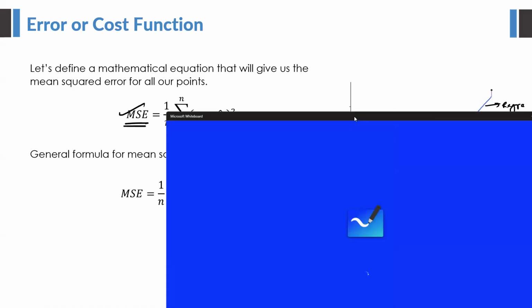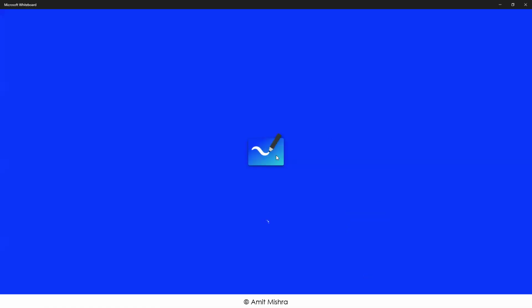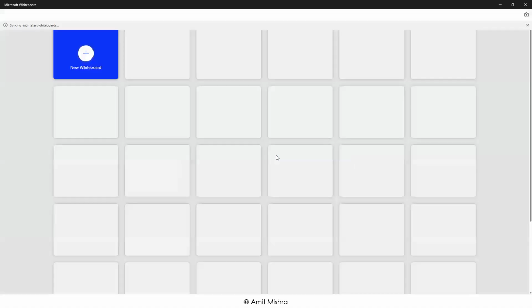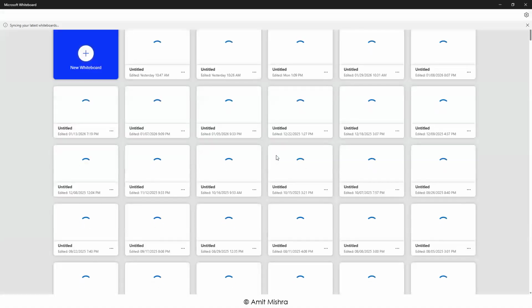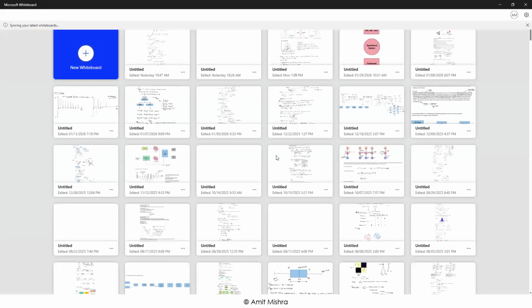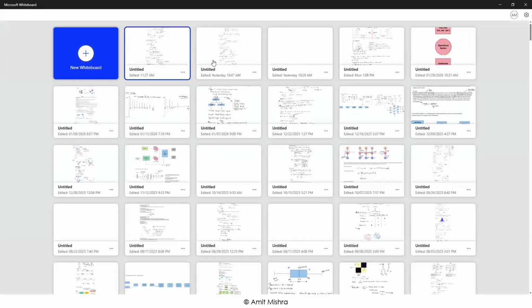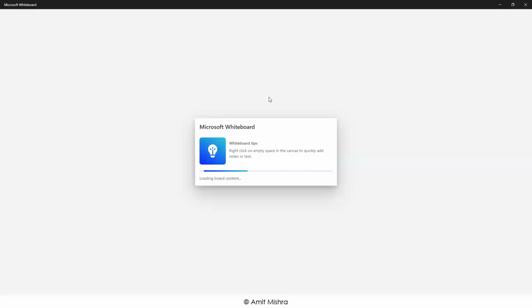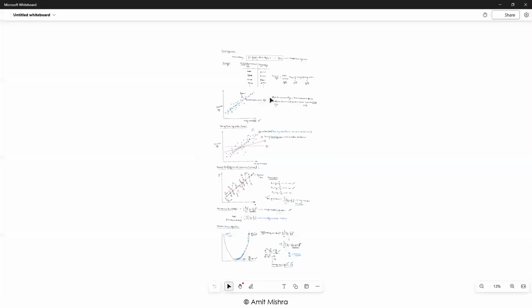This is my writable pad, the writable environment where I'll be setting things up. So, a quick overview of what linear regression is capable of doing, and then I'll explain where this MSE comes in.